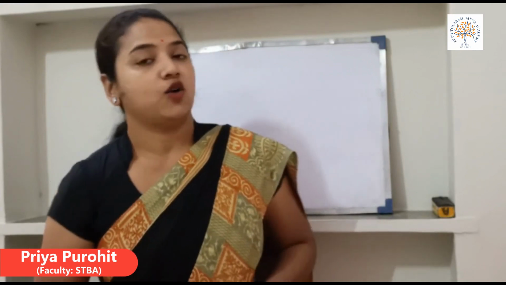Now it's time to revise the previous chapter. That was parts of speech. Yes. I hope you have remembered that. And I also hope that you have remembered the definition of parts of speech also. What is that?